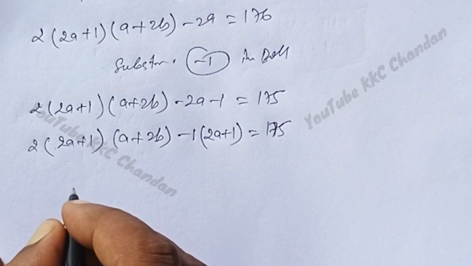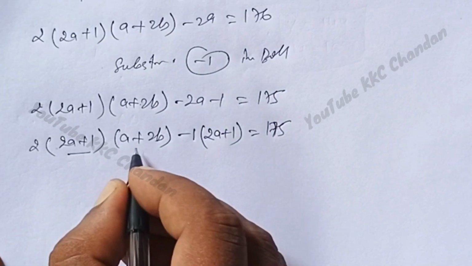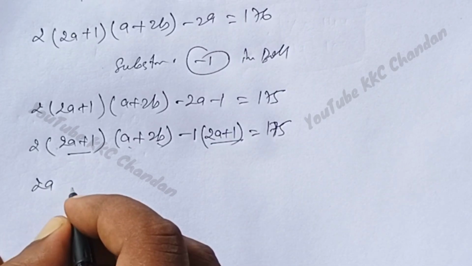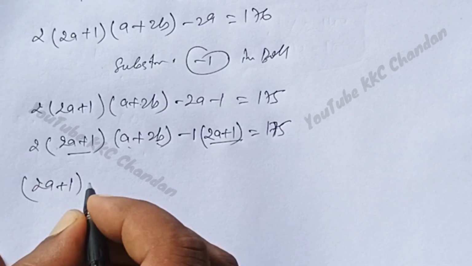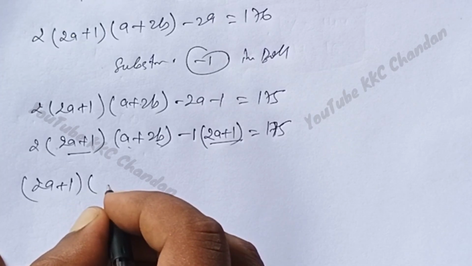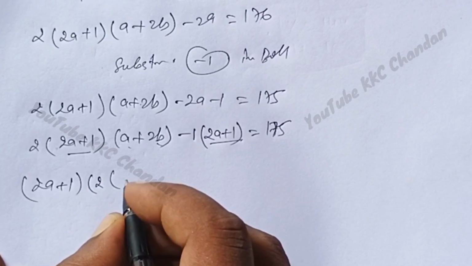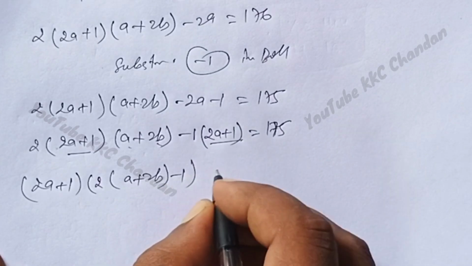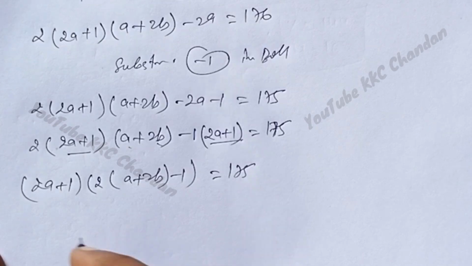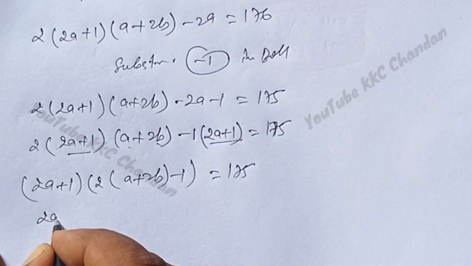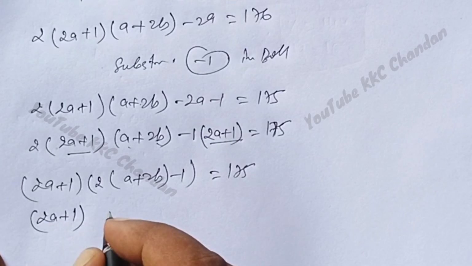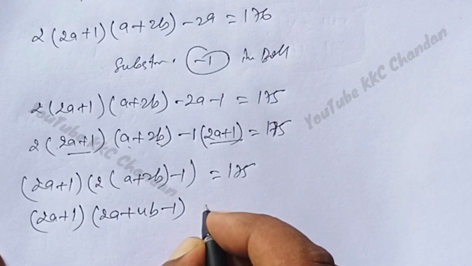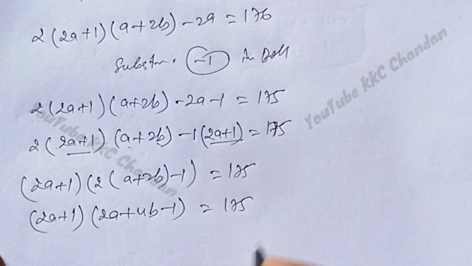Taking 2a plus 1 common, we get 2a plus 1, bracket open, 2 into bracket a plus 2b bracket close, minus 1 bracket close, is equal to 175. So 2a plus 1, bracket open 2a plus 4b minus 1 bracket close, is equal to 175.